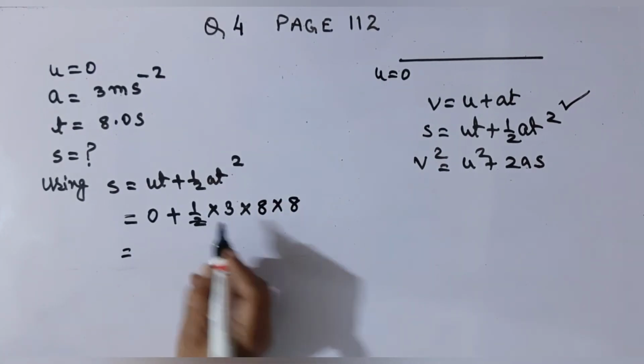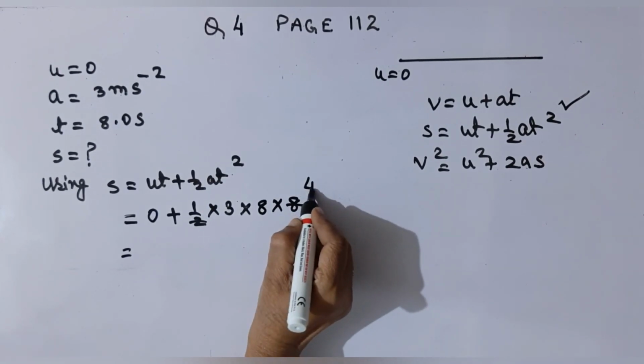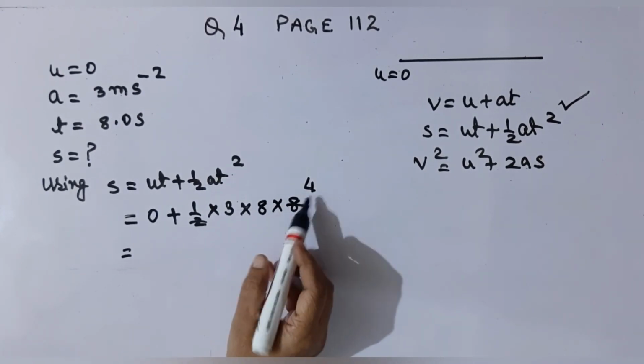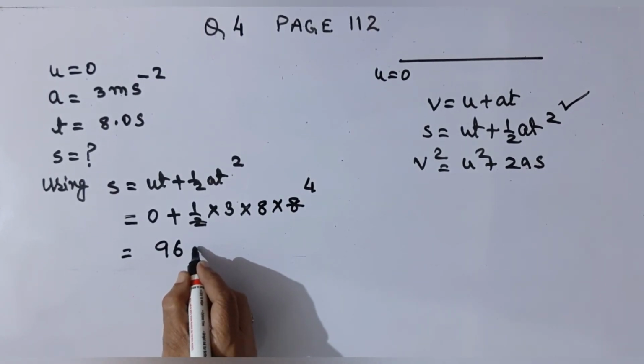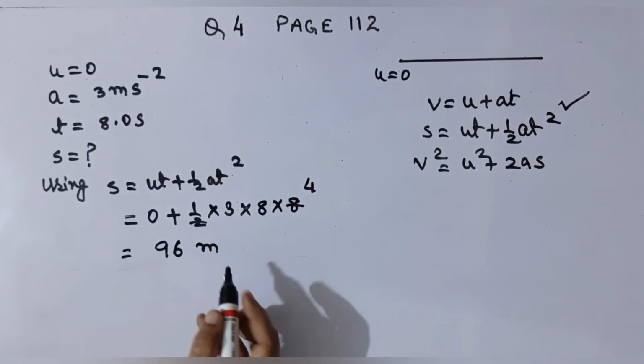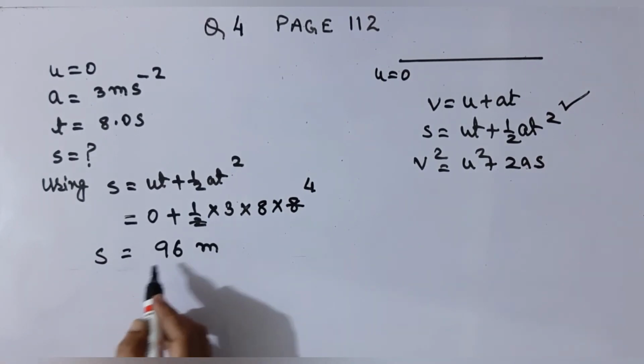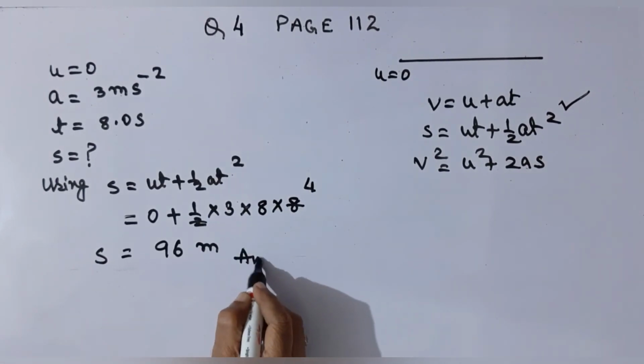This will be 3 4s are 12 into 8, 96 meter. So s is equal to 96 meter is the answer.